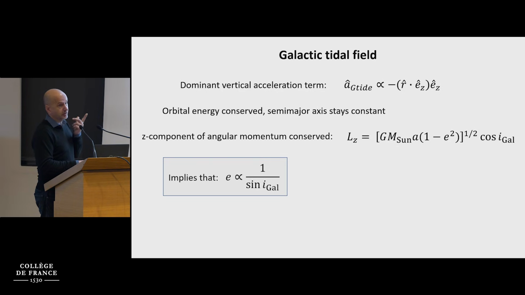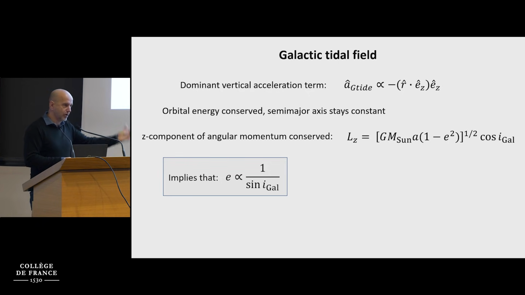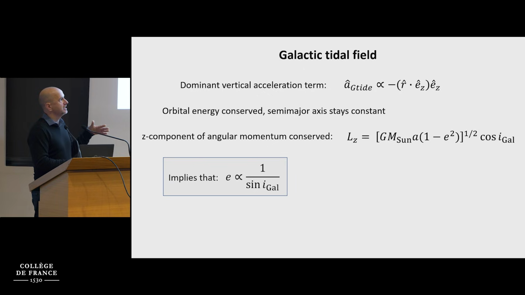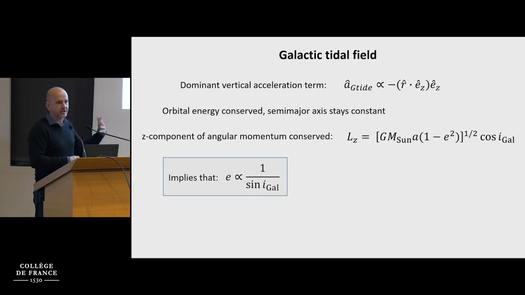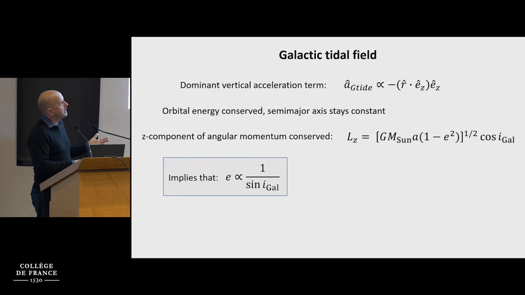But as I said, now we consider the inclination with respect to the galactic plane. When comets are scattered along the ecliptic, they will have low inclination with respect to the ecliptic plane, but because the ecliptic plane is inclined 60 degrees to the galactic plane, they will immediately have 60-degree inclination in the galactic plane. But the important thing is that this quantity is conserved.